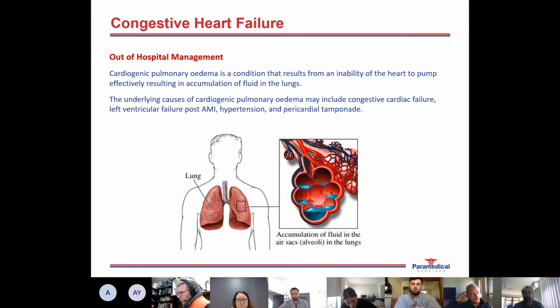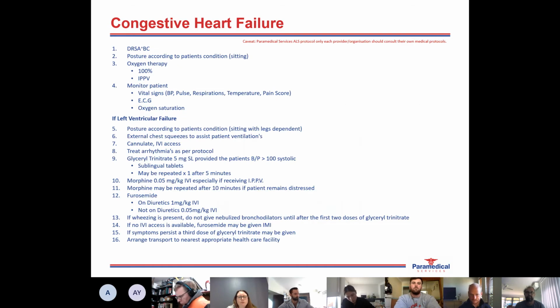So we know that the treatment for pulmonary edema is something that we can manage in the pre-hospital setting. So we follow the same or a very similar process to what we did before. DRS ABC, posture according to the patient's condition, oxygen therapy, IPPV is preferred to push the pulmonary edema out of the pulmonary system.